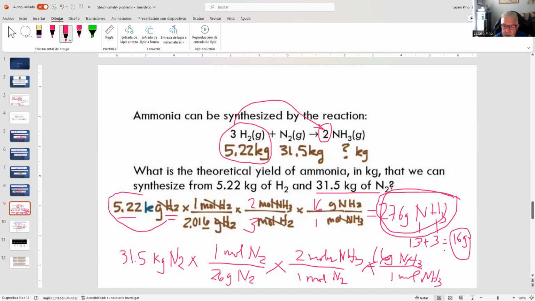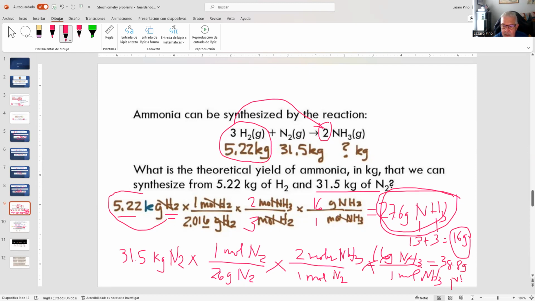Then the answer is 38.8 grams of ammonia.